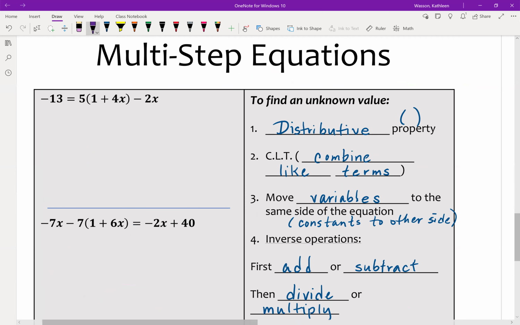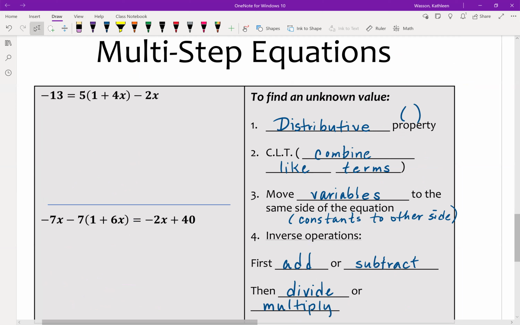We have steps here for if there's more than 2 steps to solve an equation. Whenever you have parentheses, we'll use the distributive property. I will distribute so that I can take the parentheses off. Both of these terms are multiplied by 5.